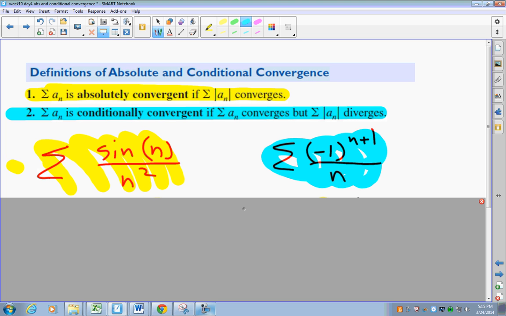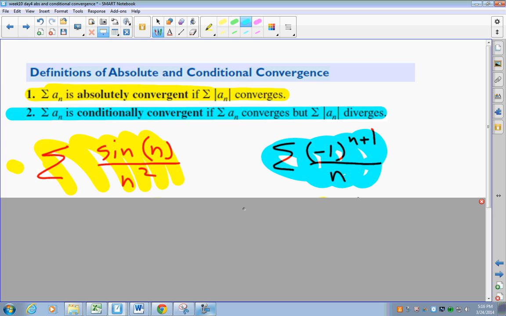So he's only conditionally convergent. Kind of think conditionally means it works some of the time, but not all of the time. It works based off a condition, where absolute says, hey, it works absolutely 100% all of the time, no matter which way you do it. With the absolute value or without the absolute value, it's going to work.